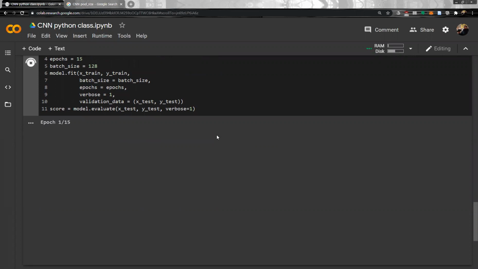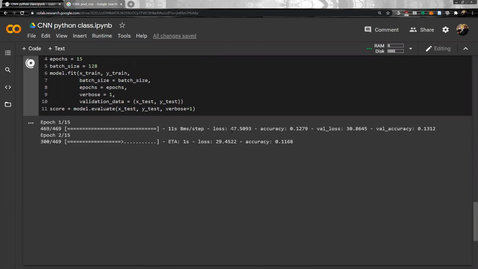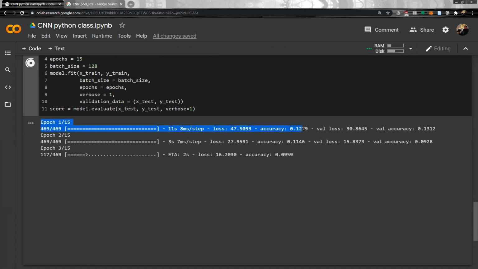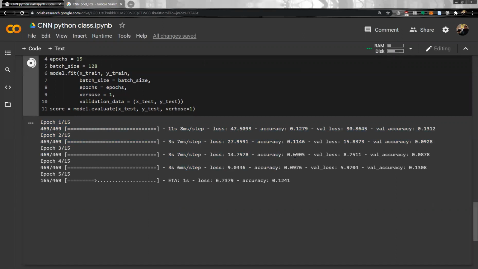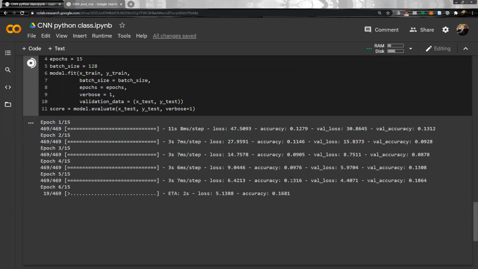So yes, the first epoch is, yes, it is faster, of course. So loss is 47, accuracy is just 10%. Now accuracy is actually lower. But here accuracy is getting better.